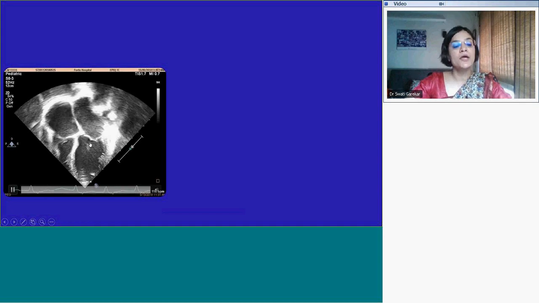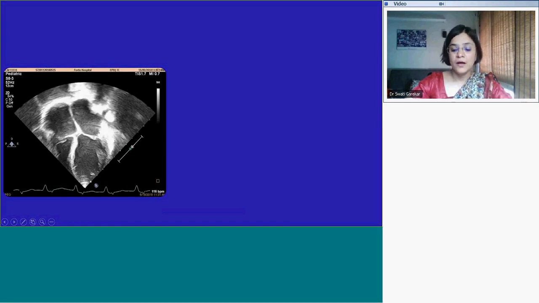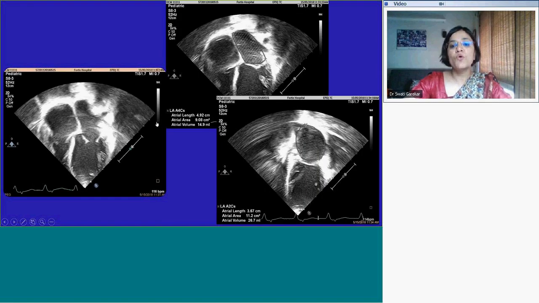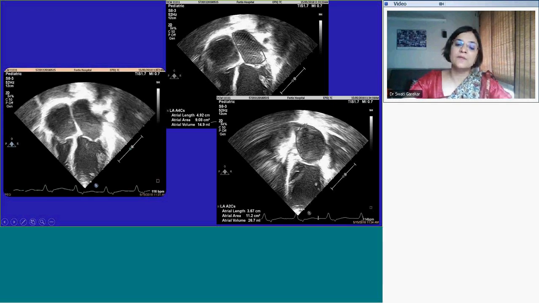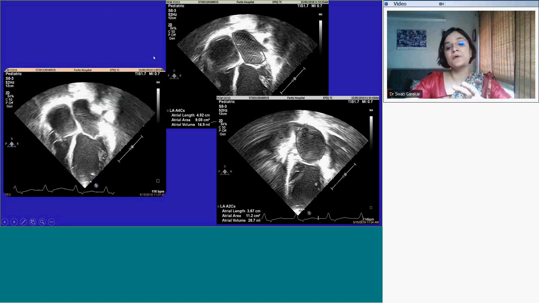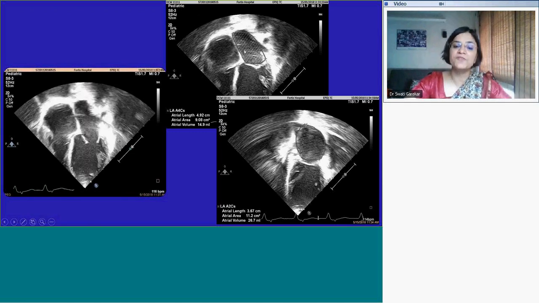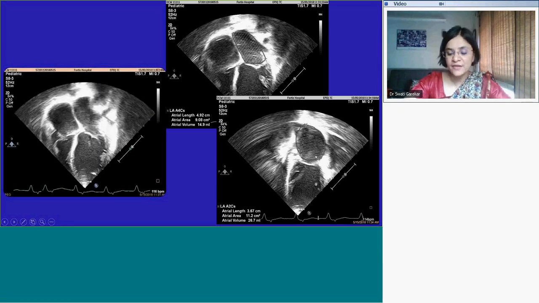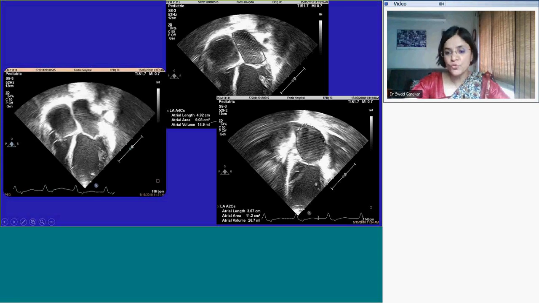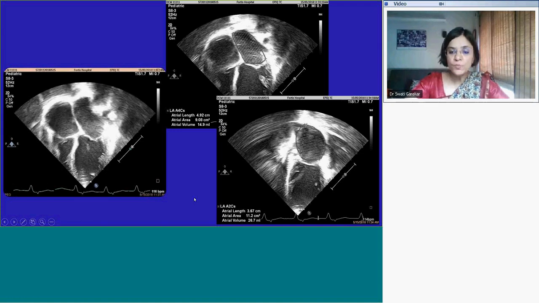You have to freeze the frame, loop, and go right to just before the mitral valve opens. So when the left atrium is maximally filled up, take it and then rotate your probe 90 degrees so that you get a 2-chamber view at the apex and get your LA volume sorted out there.